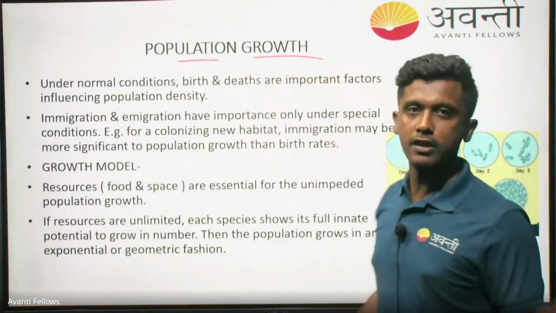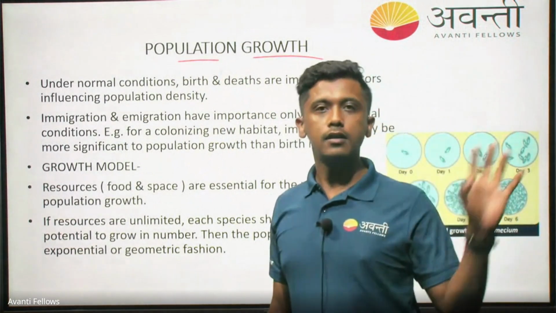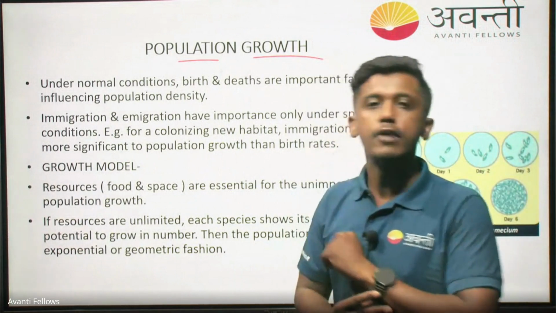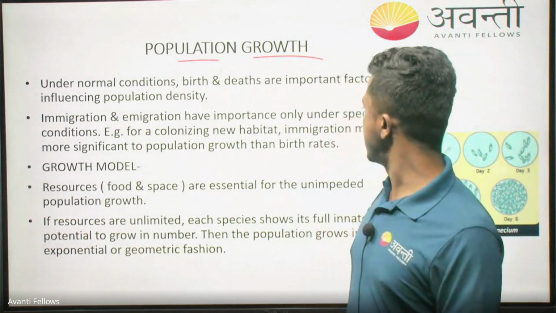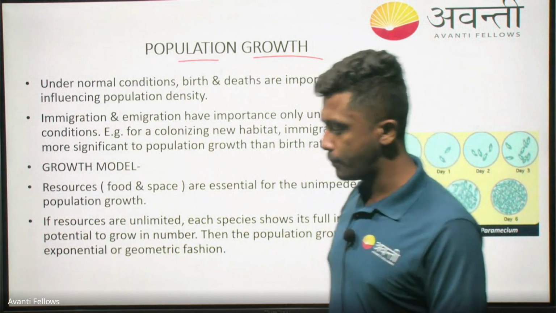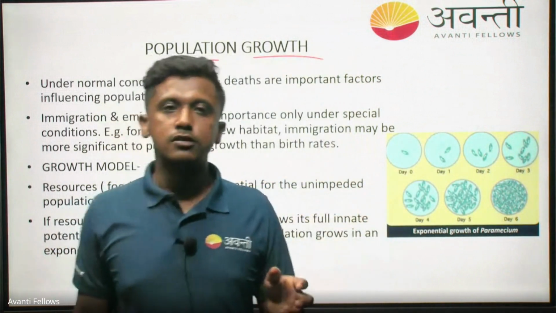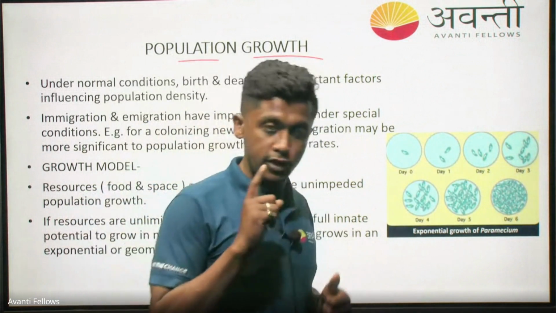How can a population grow? There are conditions and factors which determine whether the population will increase or decrease, right? For any given species, there is always a beginning stage. If a population has to grow, then it has to fulfill certain parameters. First, an organism requires a sufficient amount of food.